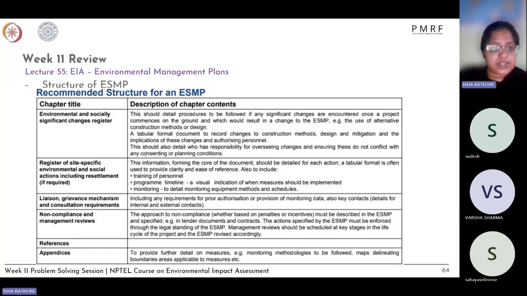If a grievance mechanism or consultation requirements were done, all of that, where there were non-compliance and management reviews, all of this is included. Then references and affordances, so surveys and methodology things which were considered, all of that is attached in the appendix as a supplementary material to support your environmental management plan.